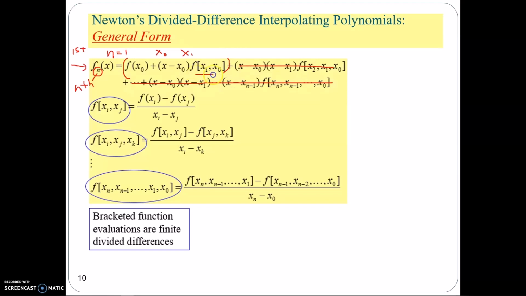And you need to read the bracket term here. So these bracket function evaluations are the finite divided difference. Since you have 2 points, then we put the smaller number x0 at the last element and x1 at the first element. So if you look at this equation, it's the same as the equation that we applied earlier.